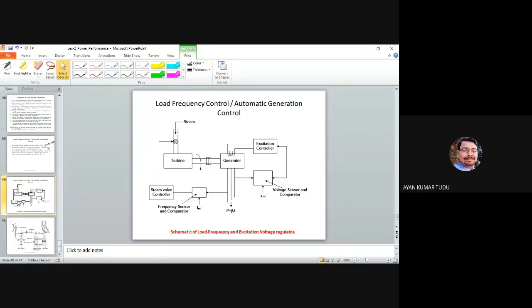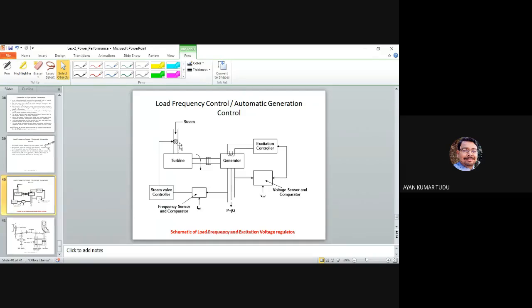The answer is that the load frequency and the excitation voltage controller are non-interactive for small changes in load, and can be modeled and analyzed independently. Why?